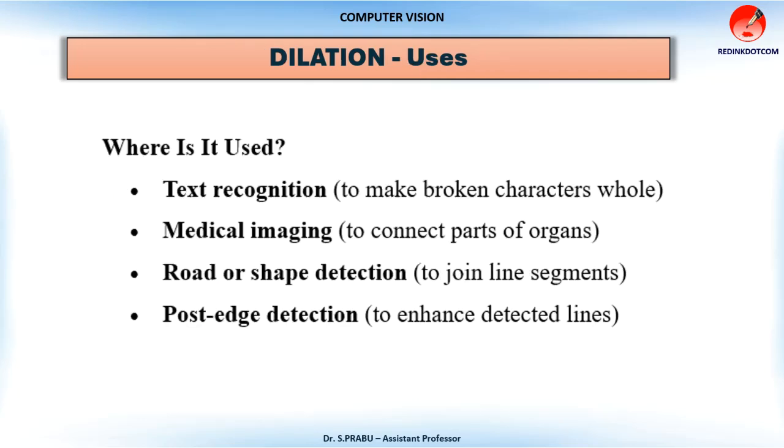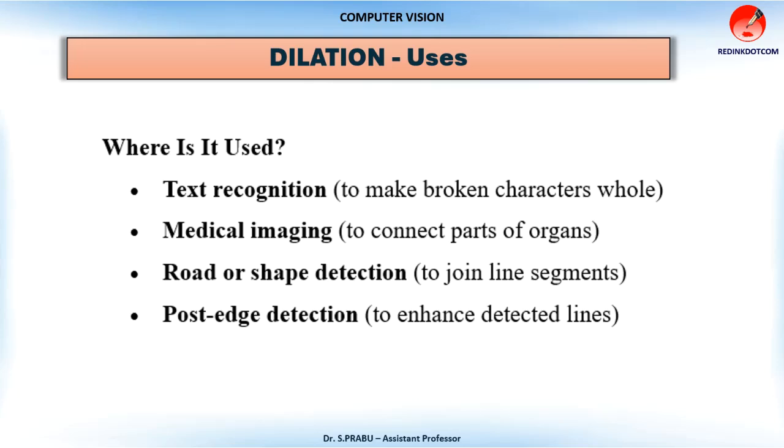changes occur. One major use is in text recognition. Often scanned or old documents have broken characters. Dilation helps by joining these broken characters, which improves the accuracy of text recognition systems. In medical imaging, dilation is used to connect different parts of organs in scans, making the structures more continuous and easier for doctors or automated systems to analyze.